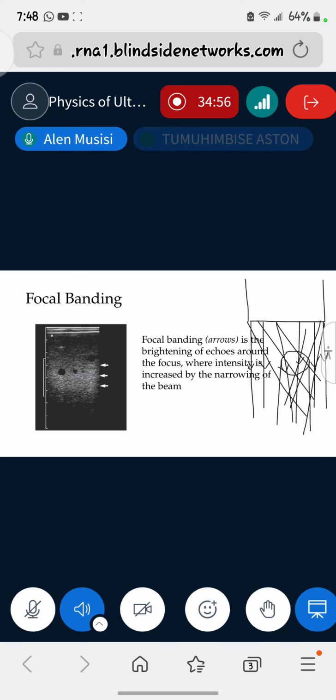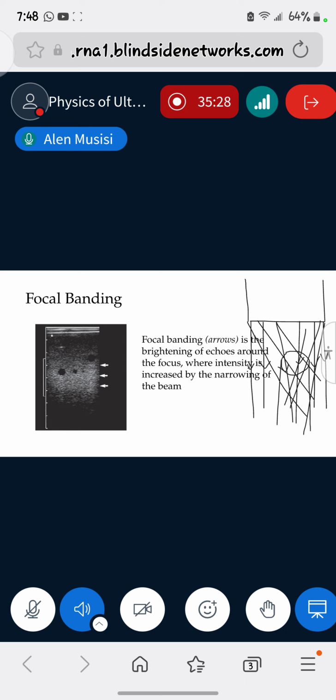That is what I said, that this artifact is useful. If you are assessing stones, why would you use spatial compounding to remove this shadowing? Your interest is stones. That implies that this artifact is useful to you.